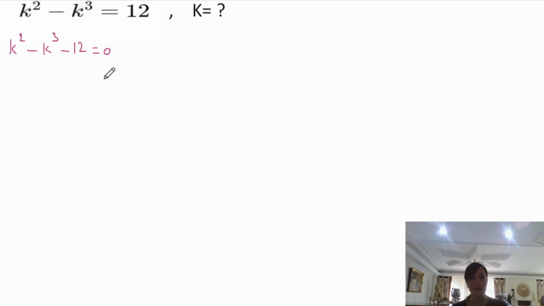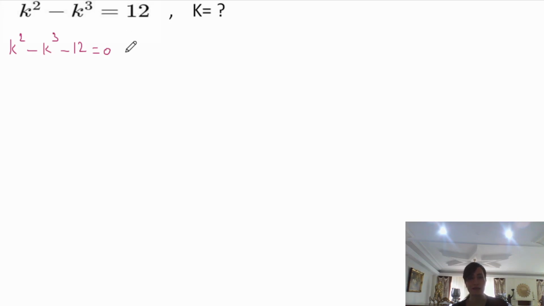I see 1 doesn't work, and for 2, I can find 4 and 8. 4 is the square of 2, and 8 is the cube of 2.